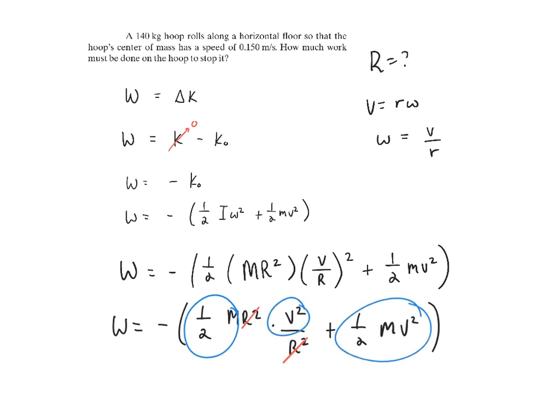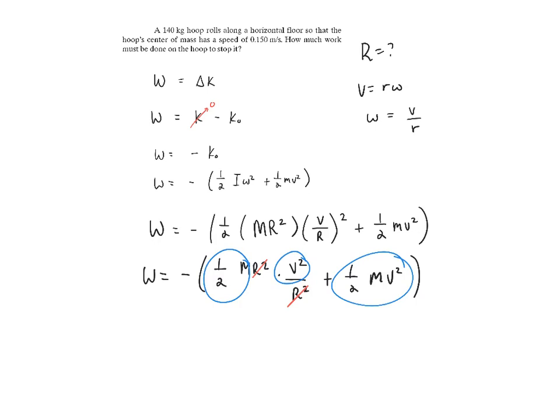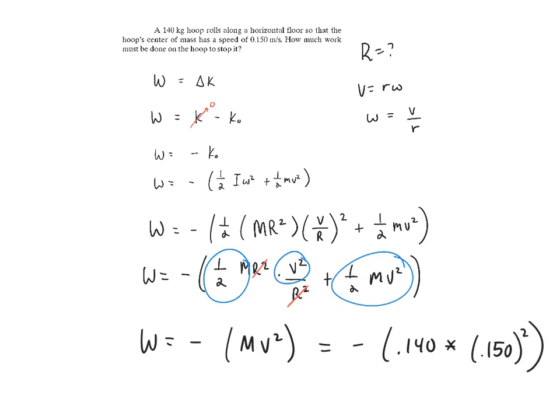So as a result, what we're going to notice here is that our work done is just going to be negative mv squared. Okay, and mass is given, and so is the v, the velocity of the center of mass. So we can get a number, and that'll give us our work done.